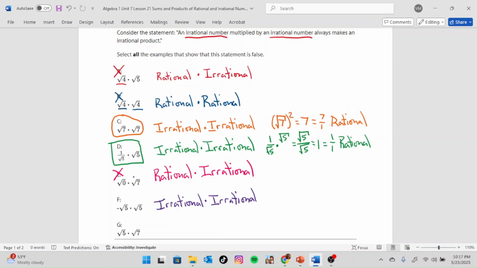And if we actually did this, negative square root of 5 times positive square root of 5 is going to result in negative 5. And negative 5 can be rewritten as negative 5 over 1. Since this can be written as a fraction, this is a rational number and proves the statement false.